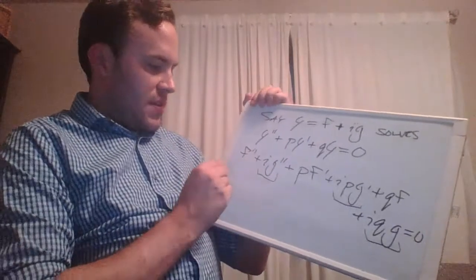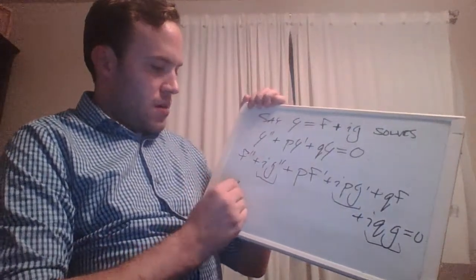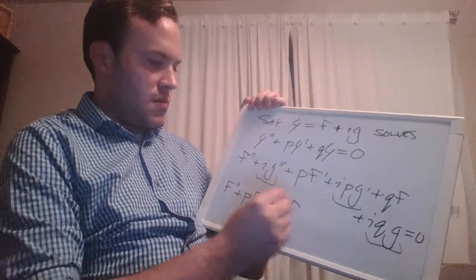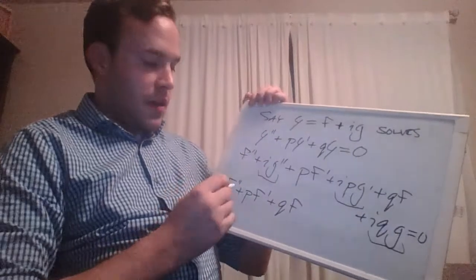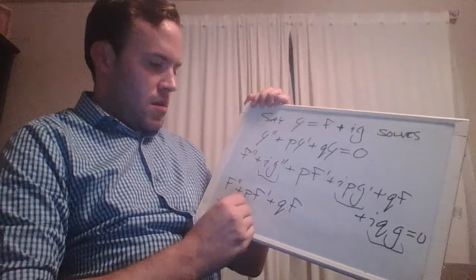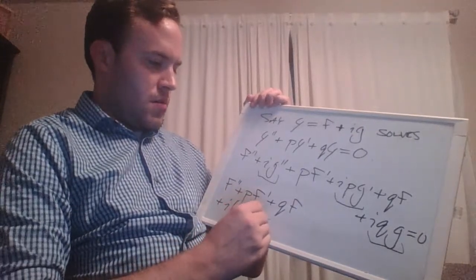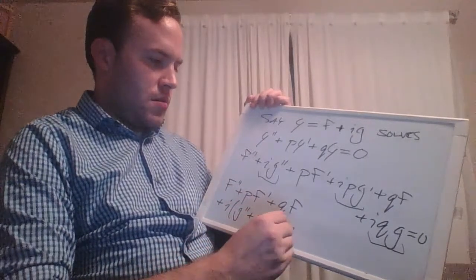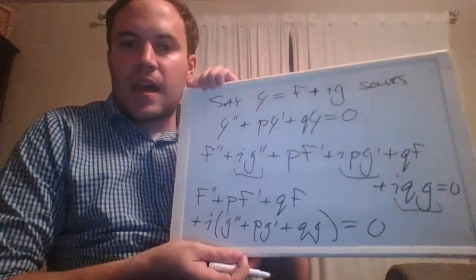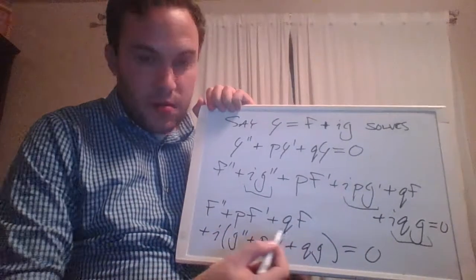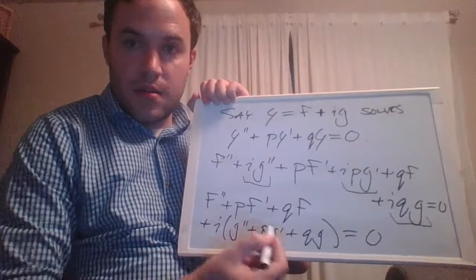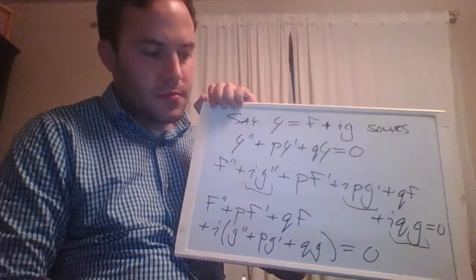And so what we're going to have is that f double prime plus p f prime plus q f, those are all the real parts gathered together, plus i times the entirety of g double prime plus p g prime plus q g, that has to add up to 0, right? So the real parts right here, the imaginary parts right here, their sum has to add up to 0.